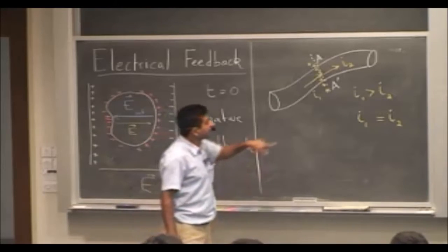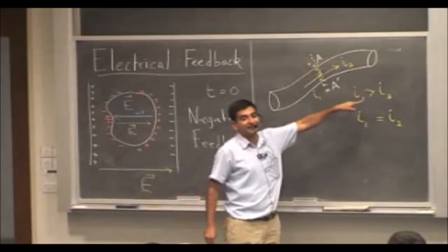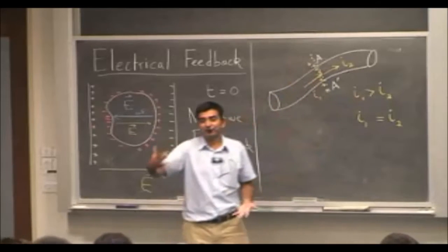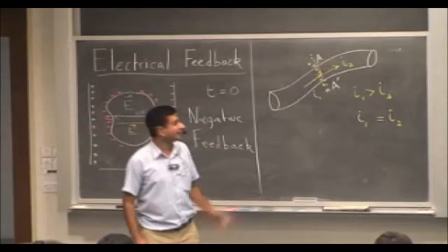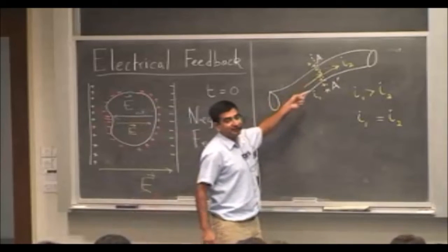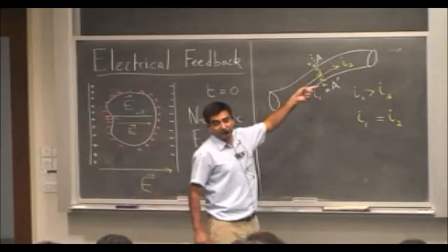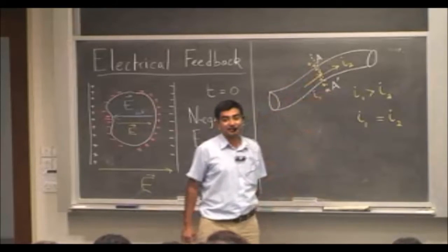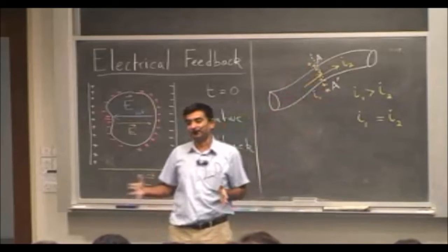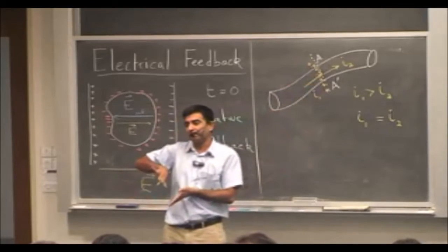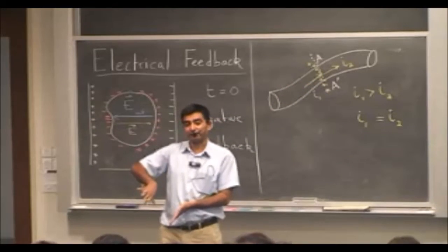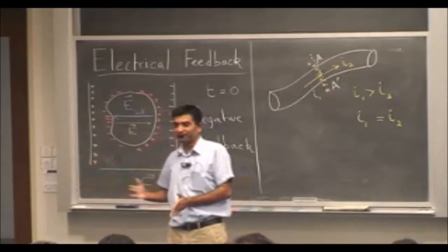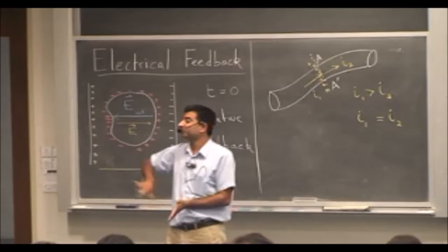Okay? Now suppose we take this situation again, I1 is greater than I2. So more charge coming in per unit time, this plane acquires a positive charge. But there are continuously positive charges coming in because the conventional current is carrying positive charges. What this positive charge that is accumulating on the surface does to the incoming charges is that it impedes their flow. It stops their flow. Because the plane is already positively charged, and there are more positive charges coming in.